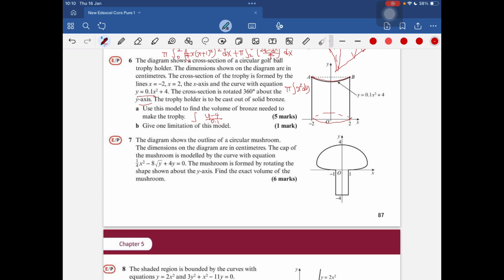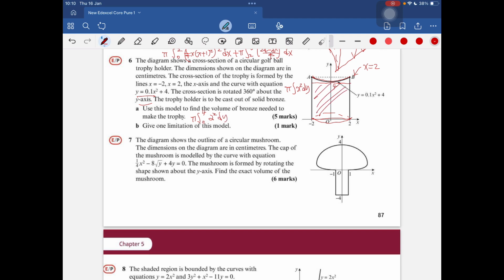Okay, this is a little bit different. So from here to here, this is x equals 2. So integral 0 to 4, since the y-intercept is 4, of pi x squared, which is 2 squared, dy.